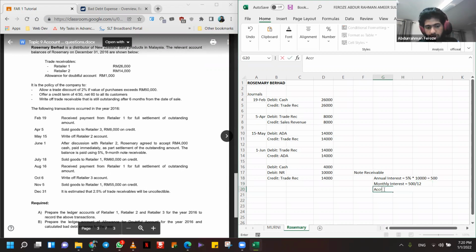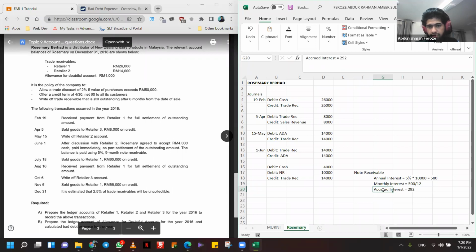So accrued interest equals, you can either take 500 into 7 over 12, or you can take the monthly value into 7. Either one works. So 500 into 7 over 12 is 292, rounding up slightly.